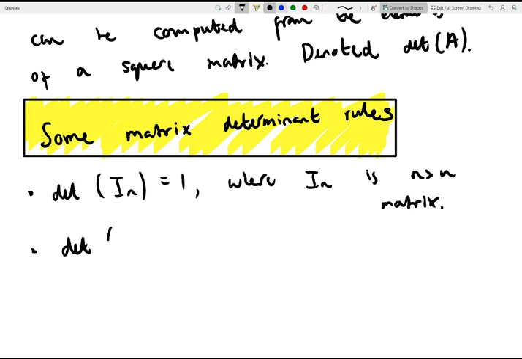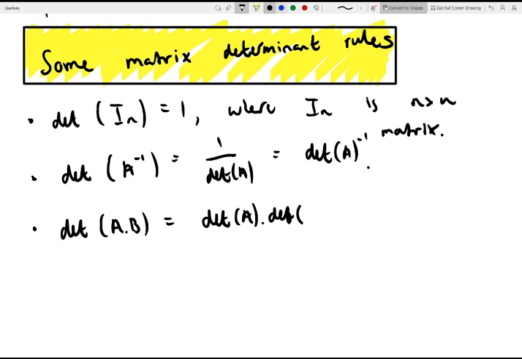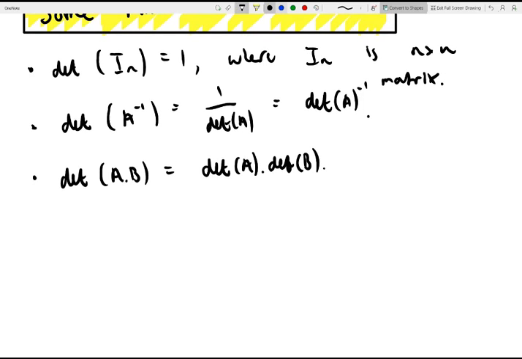And the determinant of A inverse is 1 over the determinant of A. The determinant of A multiplied by B is the determinant of A multiplied by the determinant of B, so they can be separated.